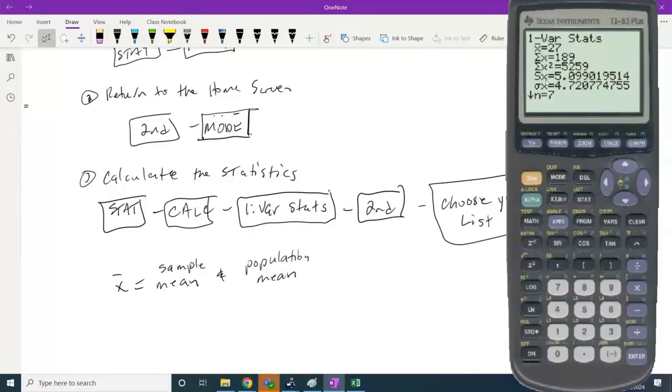This S of X that you see, this is the sample standard deviation, and that is 5.099.